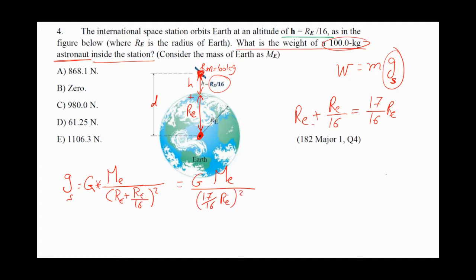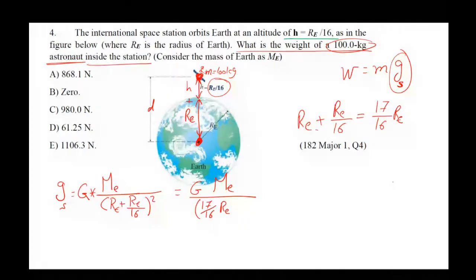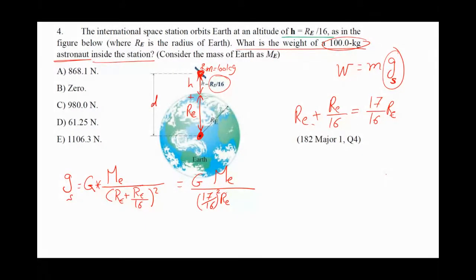So we can distribute the square to both of them. So this is 17 over 16 squared, and the RE also is squared. What's 17 over 16 squared? 17 over 16 total squared is around 1.129.